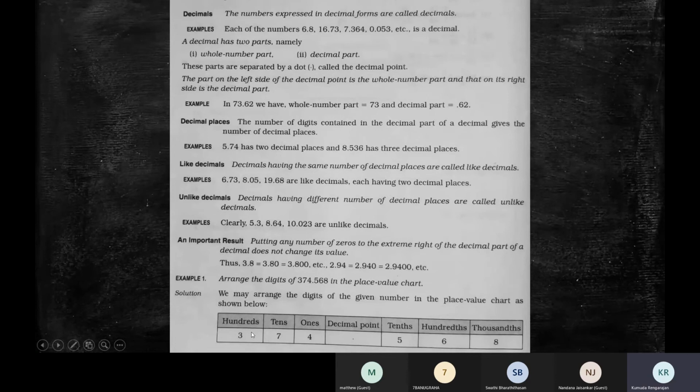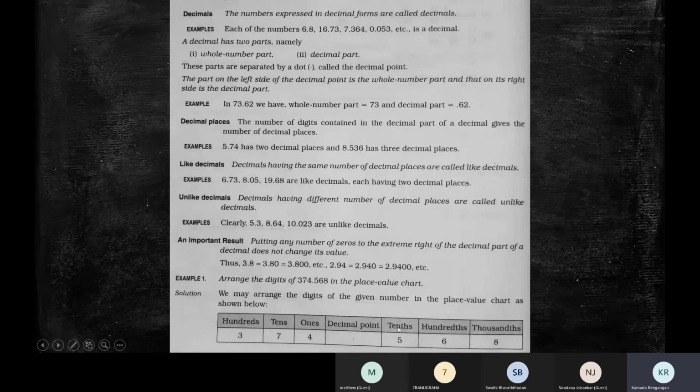Supposing we have the number 374. How do we write it in the expanded form? 3 into 100 plus 7 into 10 plus 4 into 1. So here, ones is 1, tens is 10, hundreds is 100. Tenths, T and THS, meaning 1 by 10.